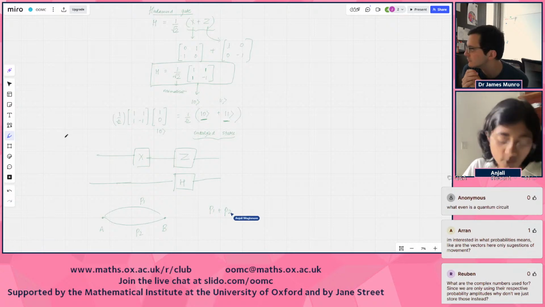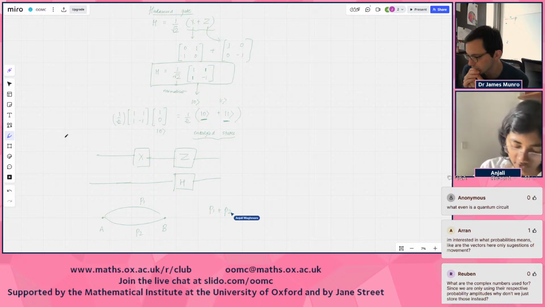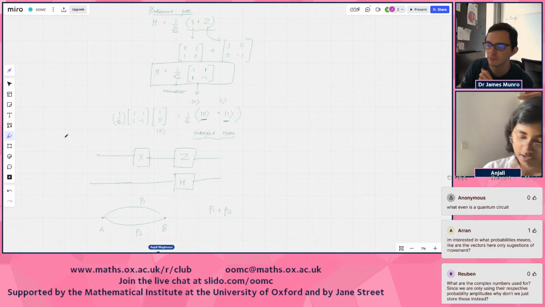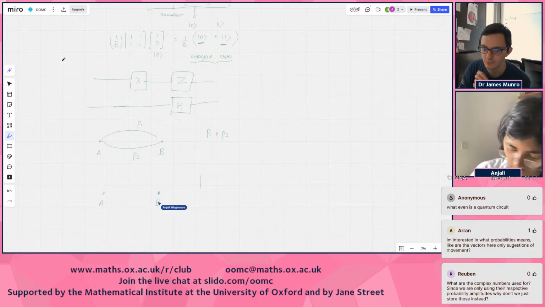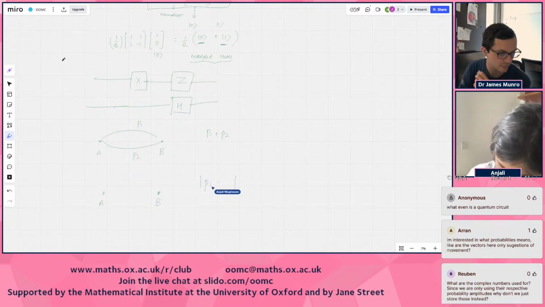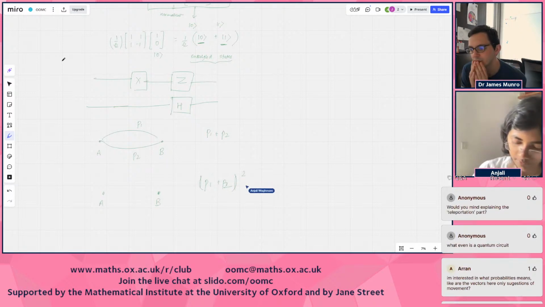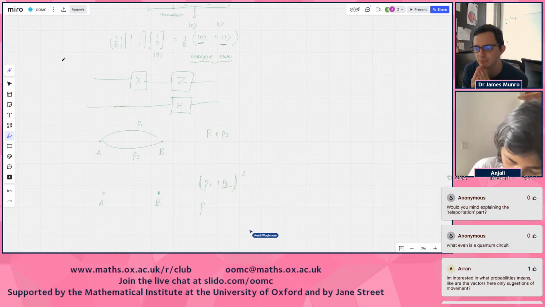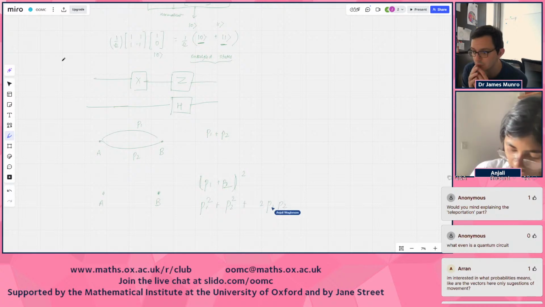But quantum theory is a slightly different kind of probability theory, where you have these things squared, let's say. So you would end up with an interference term, P1 squared plus 2 P1 P2 plus P2 squared, where the middle part is an interference term.